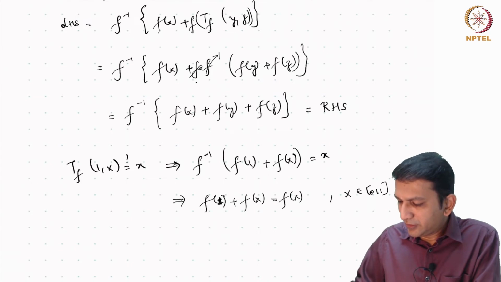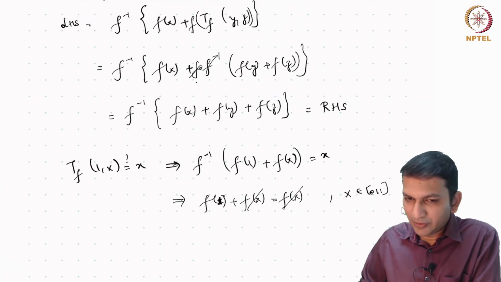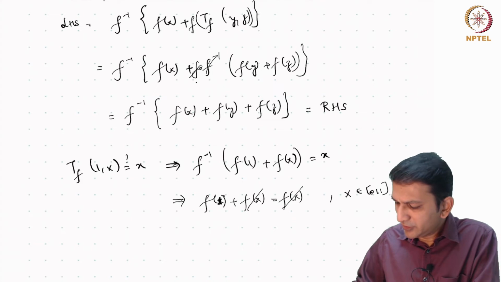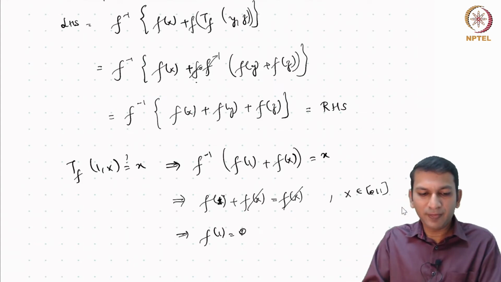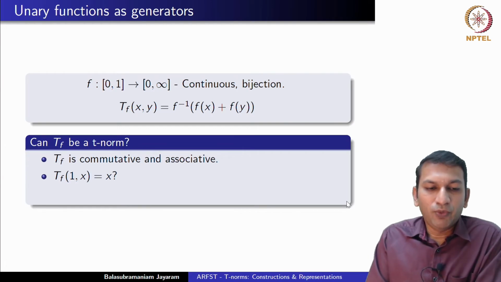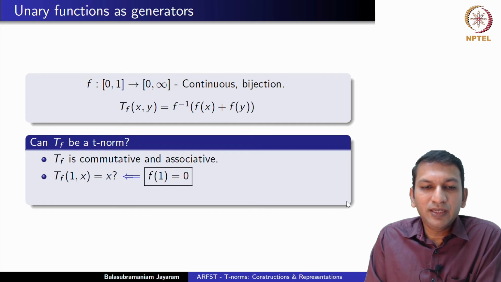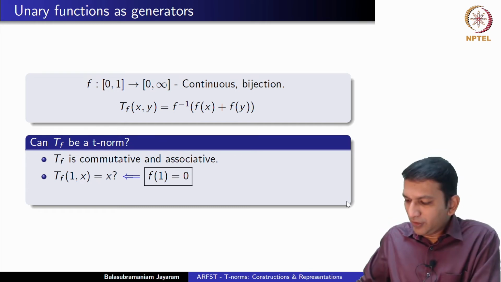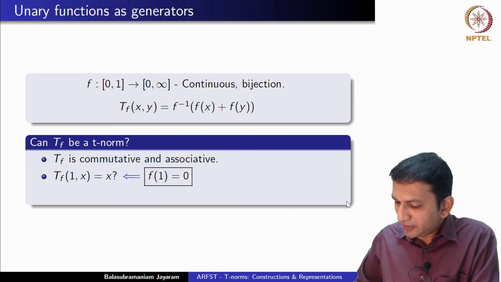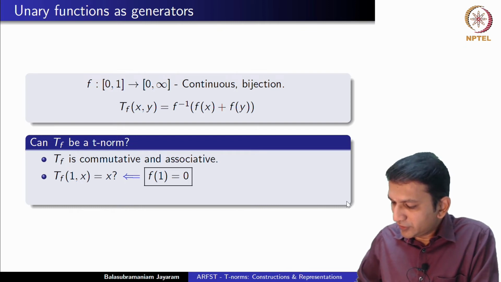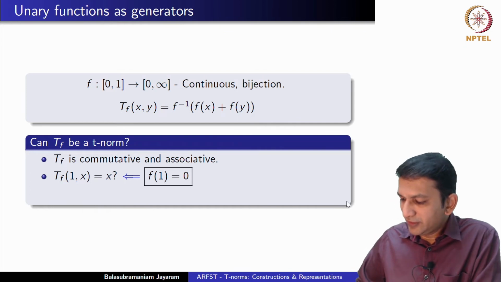Now, since these are real valued functions, what we get is f of 1 has to be 0. So if you want 1 to act as an identity, then we want the function f at 1 to take the value 0. But now look at it, this also means something else. It's essentially a map from [0,1] to [0,infinity).